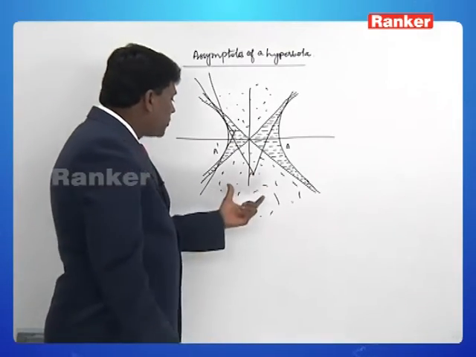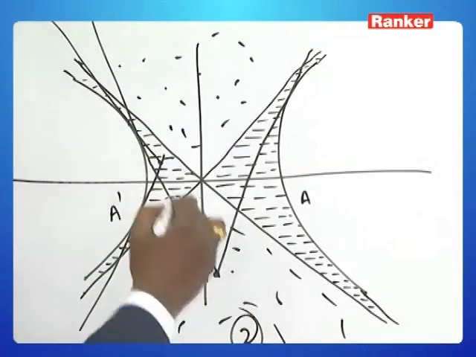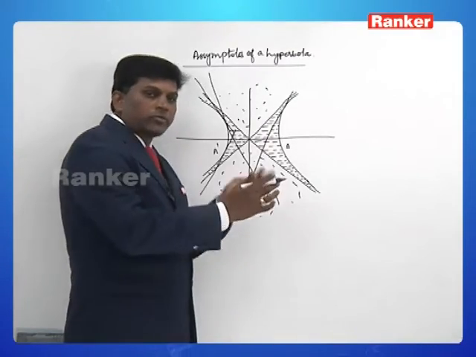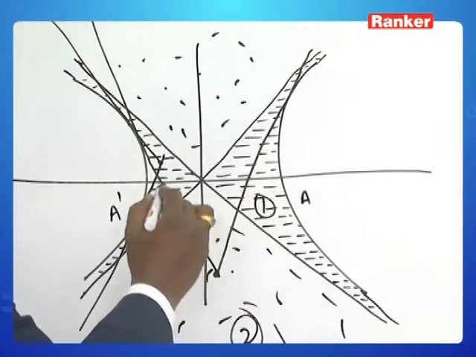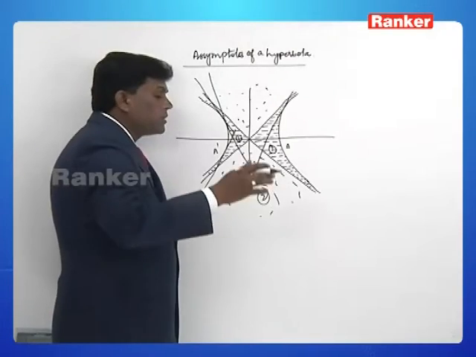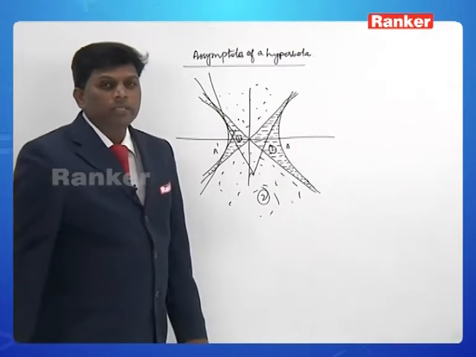So from any point in this second zone we can draw two tangents touching different branches of the hyperbola, and from zone 1 we can draw two tangents which both touch the same branch of the hyperbola.